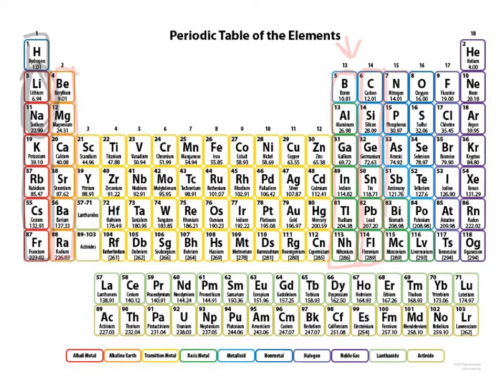Over here, the nitrogen family has 5 valence electrons. Group 16, the oxygen family, has 6 valence electrons. The fluorine family here, which is also called the halogens, and we'll go into that later, has 7 valence electrons. And then this last column here has 8 valence electrons.